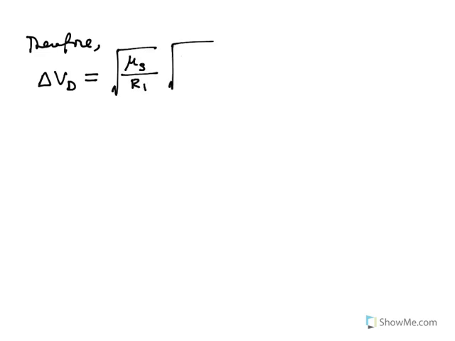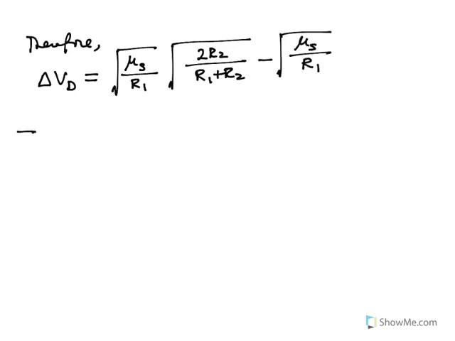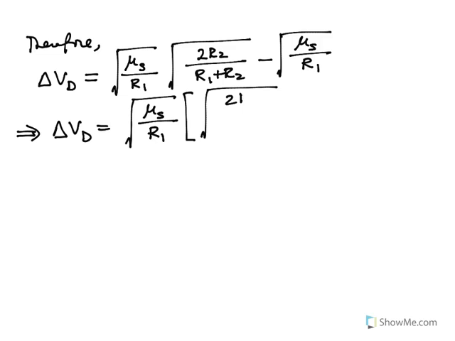So therefore, delta Vd is going to equal the square root of mu s over r1 times the square root of 2r2 all divided by r1 plus r2, minus 1.